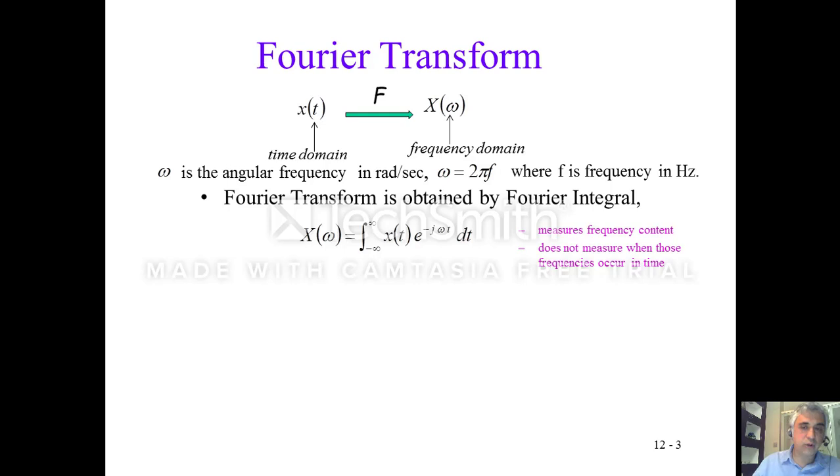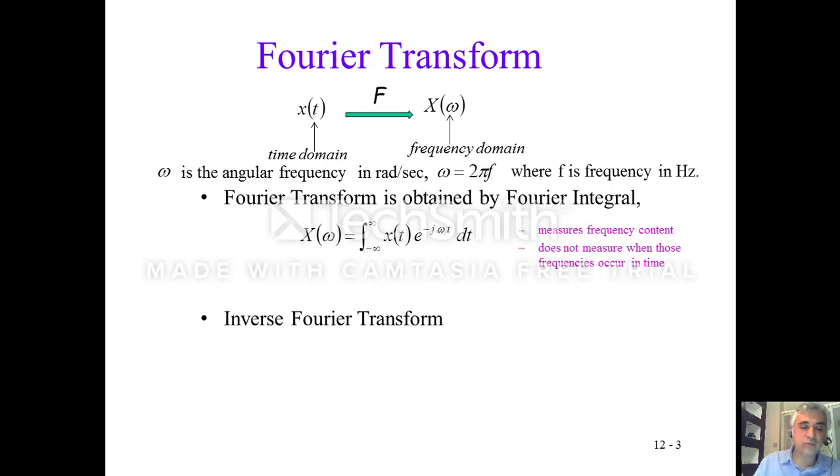So the Fourier transform basically tells us about the frequency content of the signal. However, we cannot obtain information such as when the frequencies occur in time from the Fourier transform.